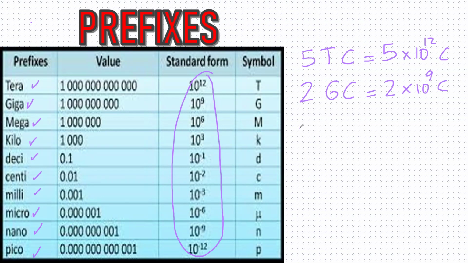Let's say 4 nanocoulombs. How can we convert? 4 times 10 to the power of -9 coulombs. We can use other units too, like units of length, current, and force. For example, 5 millimeters is 5 times 10 to the power of -3 meters.